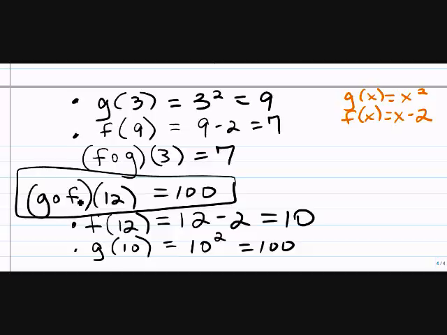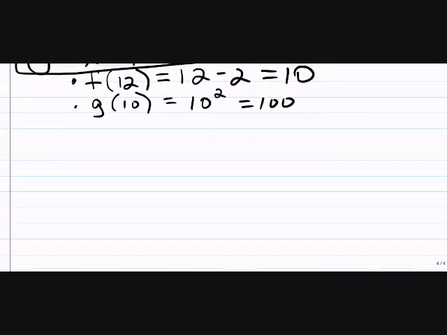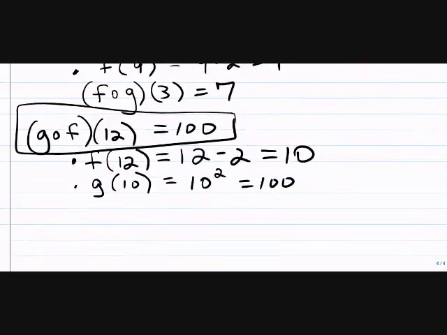You do the f first and then the g. You do the one on the right first and then you do the left. Okay, you want one more? Where did I get 12? That was the problem I made up. I said, let's find g composed with f at 12.